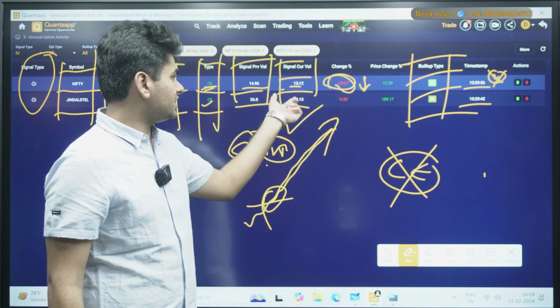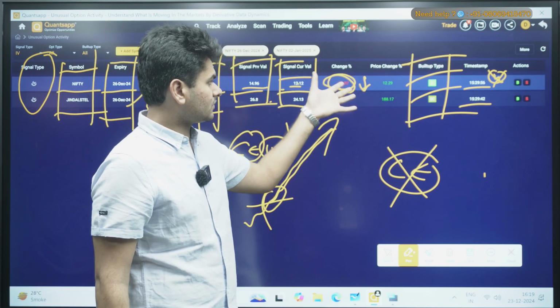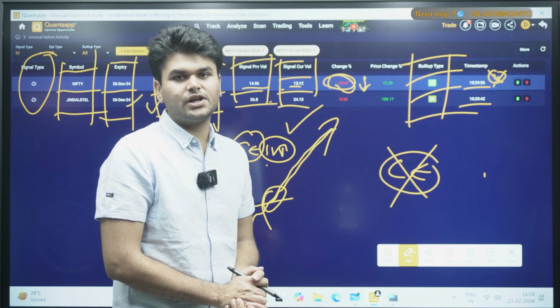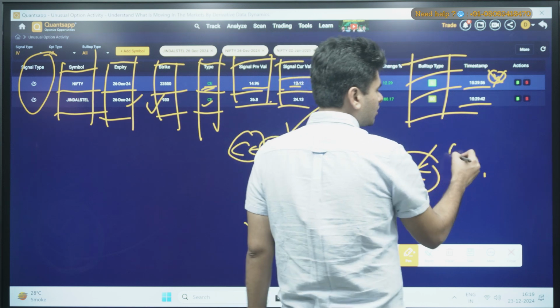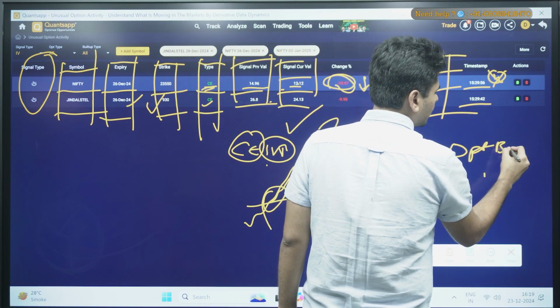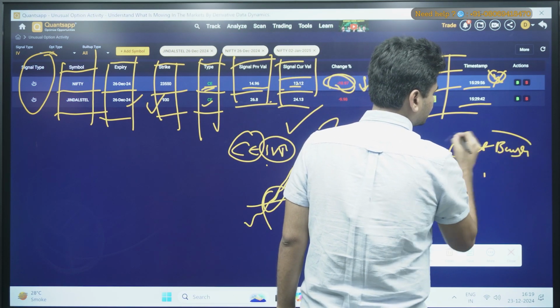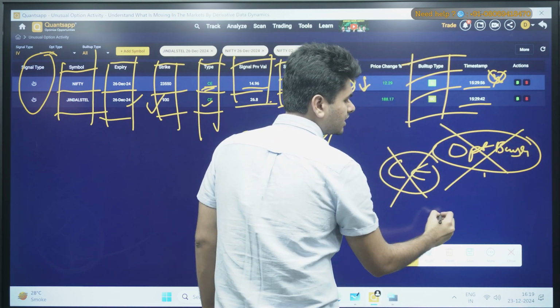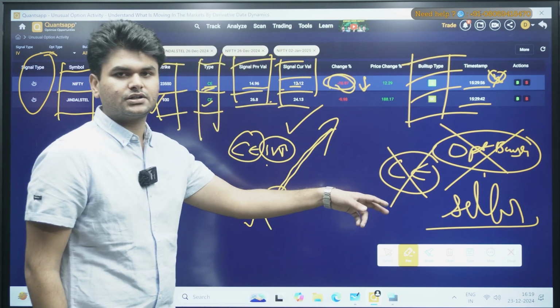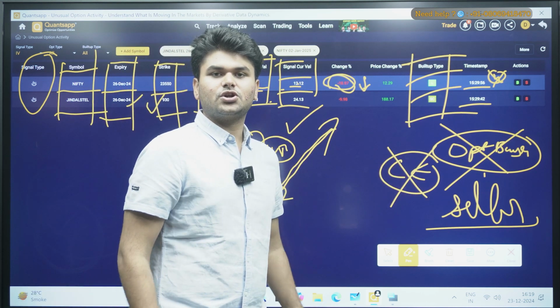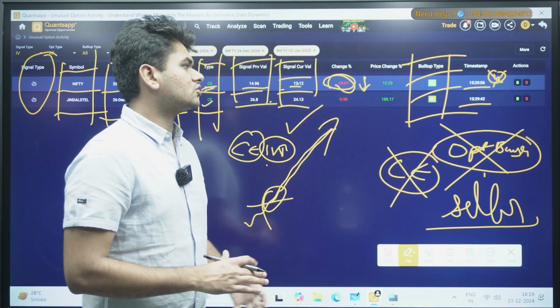Whenever you see CE is not in demand, that means the premium might be falling. So the option buyer, whoever the option buyer is here, won't enter. For the seller, this is your market. This is where you can initiate your trades in the given instrument.